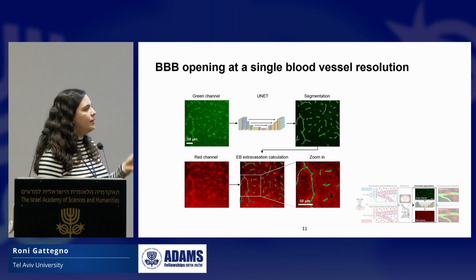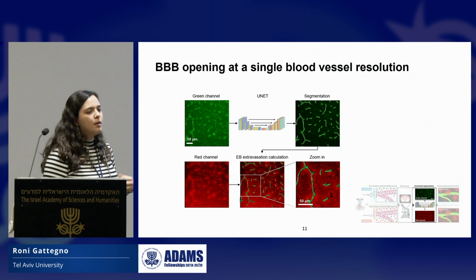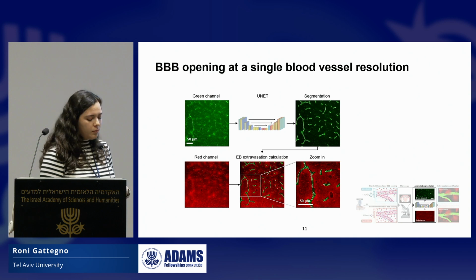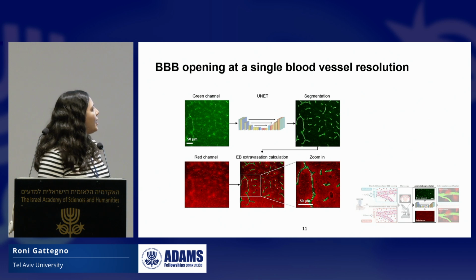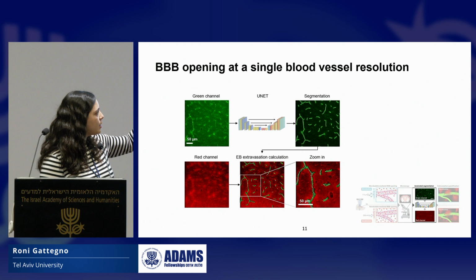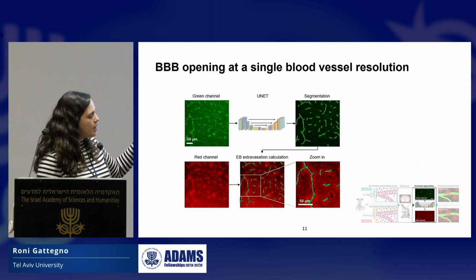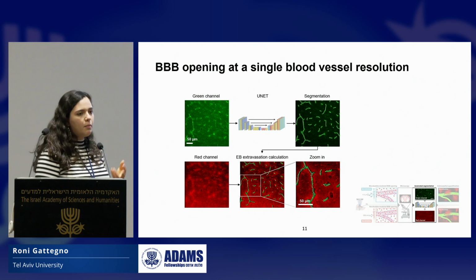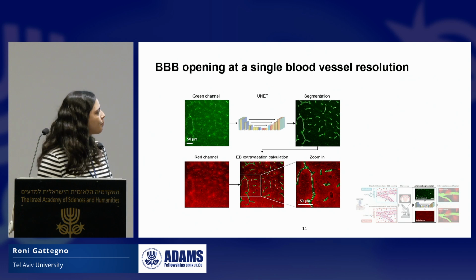We also implemented a machine learning algorithm that enabled us to do this process much more rapidly and analyze much more data. And then after we had these locations, we could use this information on the red channel and go around each vessel and have a measurement of the extravasation. We measure the median red intensity in the area around each vessel.